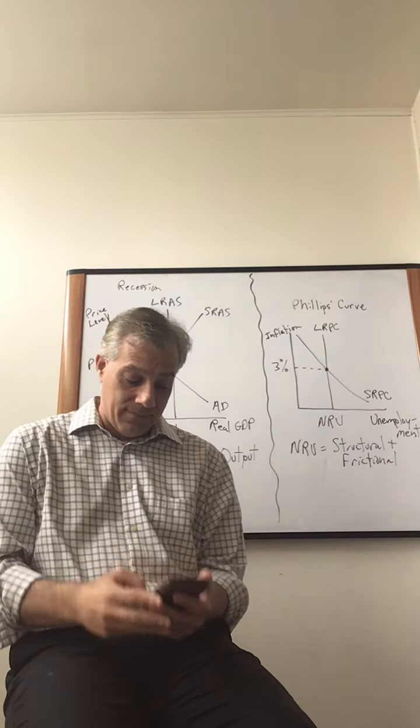So on here, the short run Phillips curve is going to shift up and to the right. This is Jimmy Carter, Richard Nixon, and sad to say now Donald Trump.